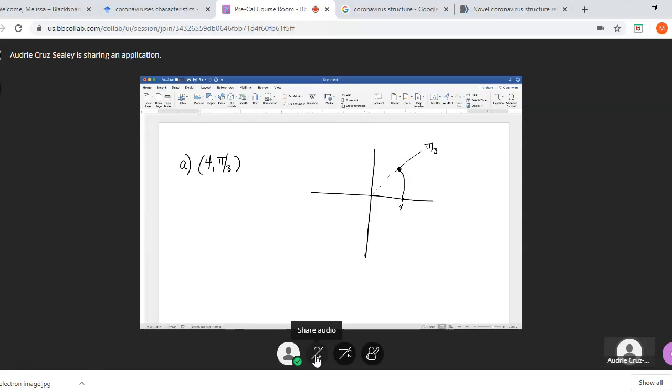Is that okay? Any questions? Okay. The next one is 2 negative pi fourths. So then you're going to come over here to 2. But you're going to travel a negative pi fourths distance, which means you're going to go this way, right?